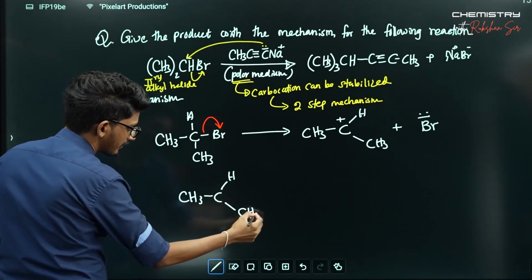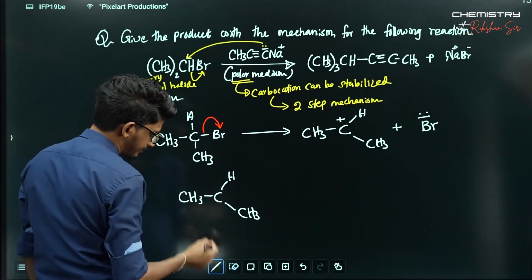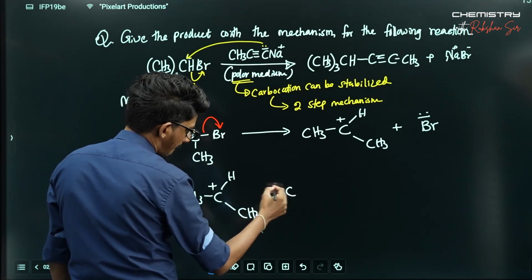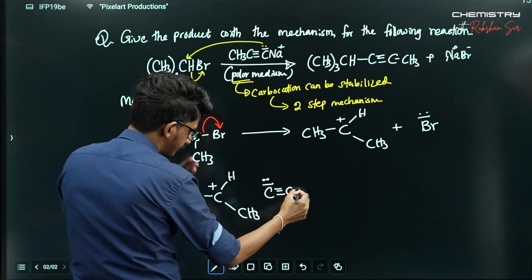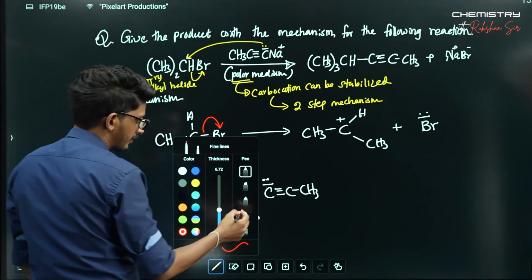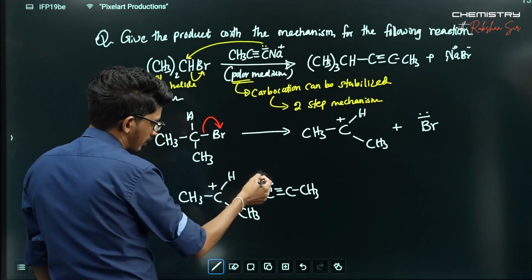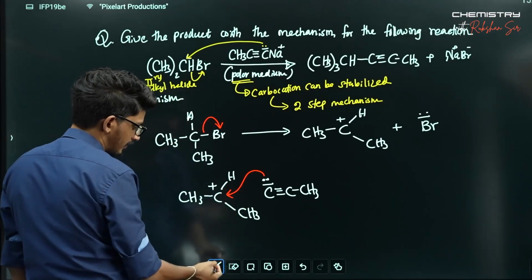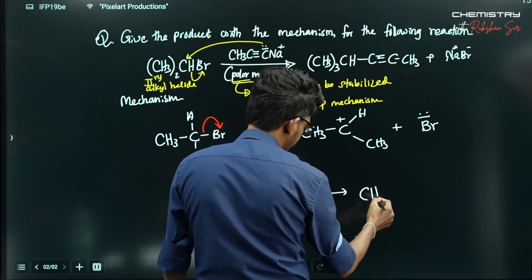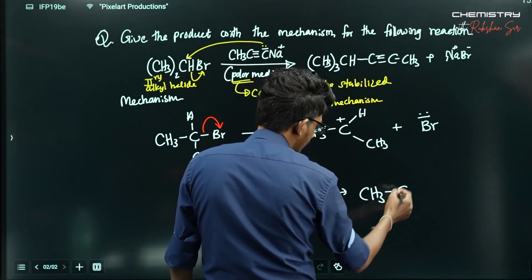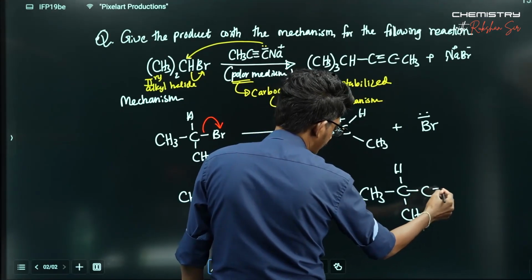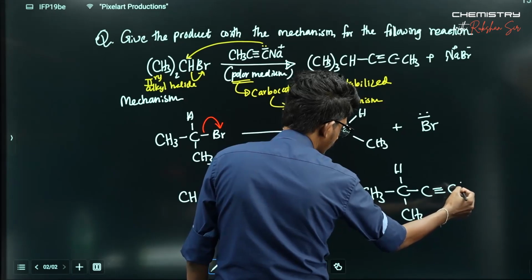It can attack from the top as well as from the bottom. With this you will form the product. So this is just going through the carbocation mechanism to come up with the product, the two-step mechanism.